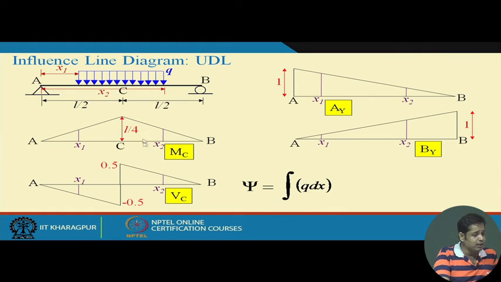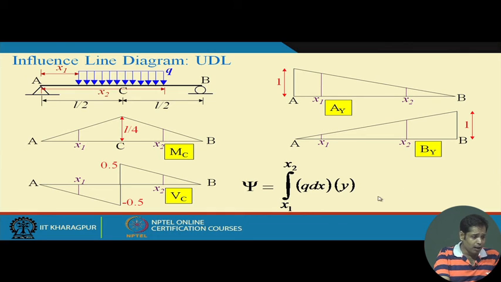Then psi will be the integration of q dx into y between x1 and x2. It is the same expression as before for discrete concentrated loads, but since the load is now continuously distributed, the summation is replaced by an integration sign.